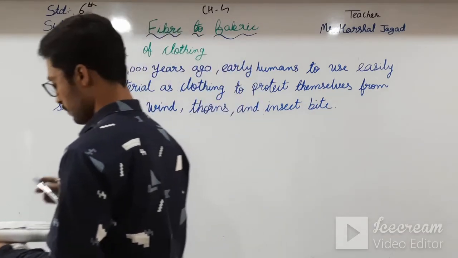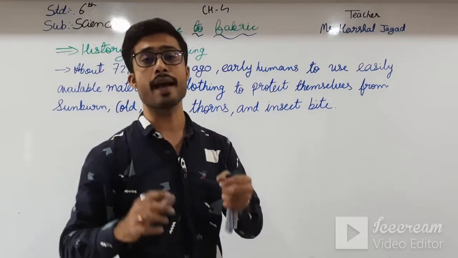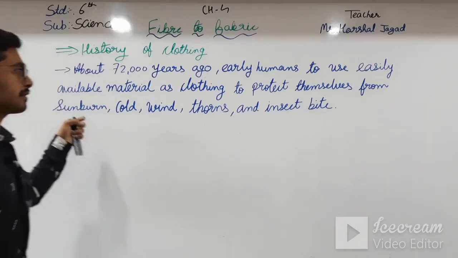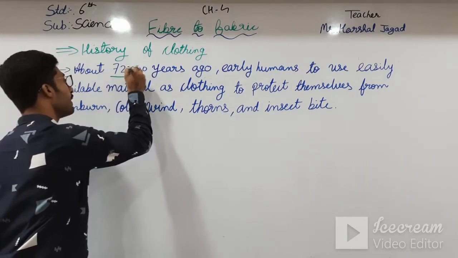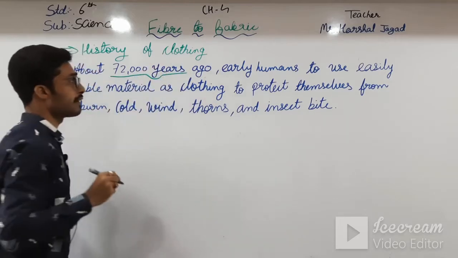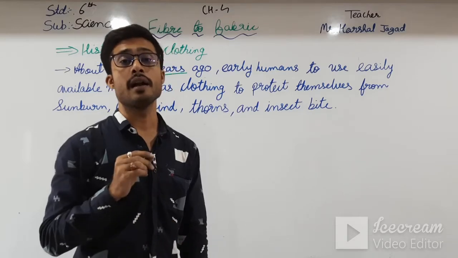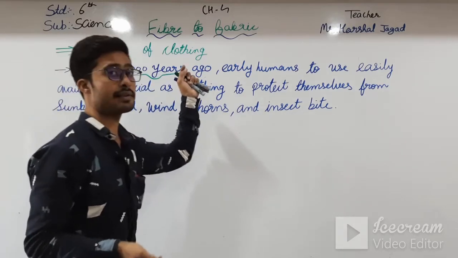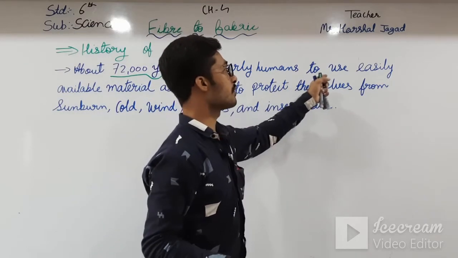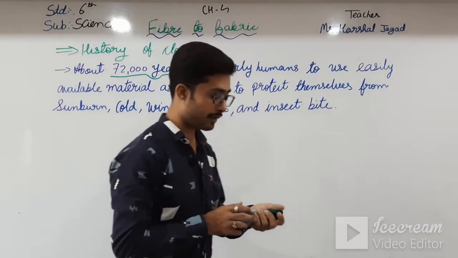Okay students, so first of all, why did the humans start wearing clothes? We will see that first. See here, about 72,000 years ago. How many years ago? 72,000 years ago. It can be asked in your MCQ test. Early humans used easily available material as clothing to protect themselves.